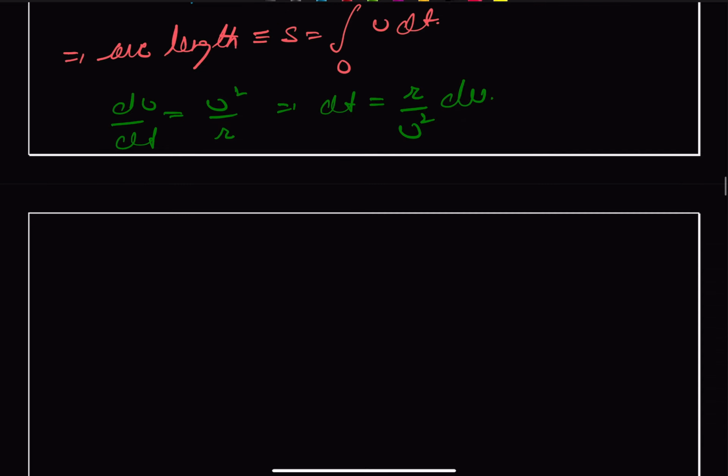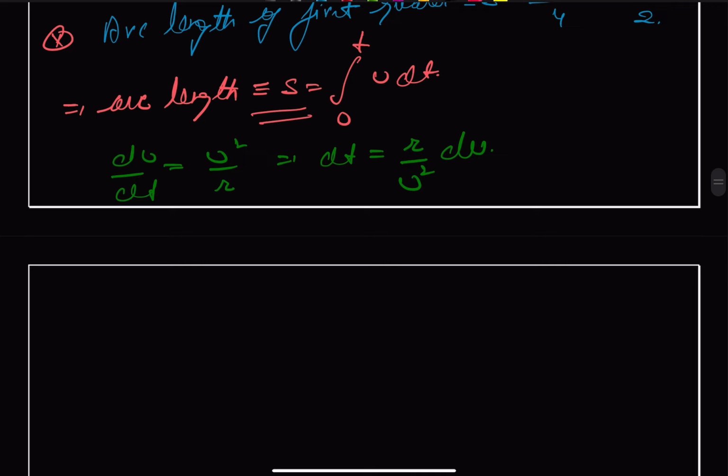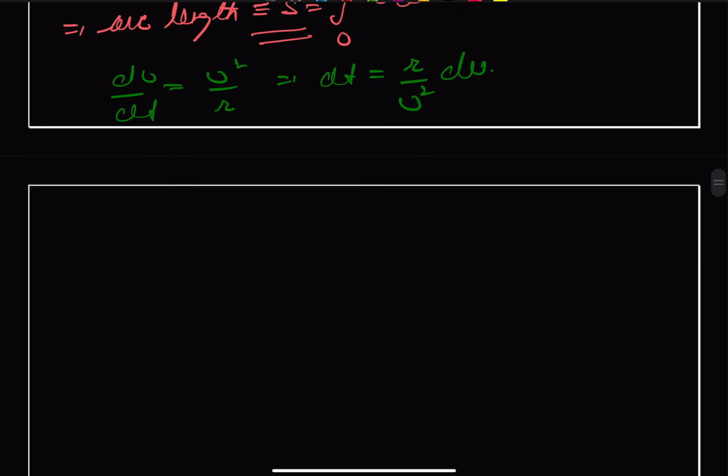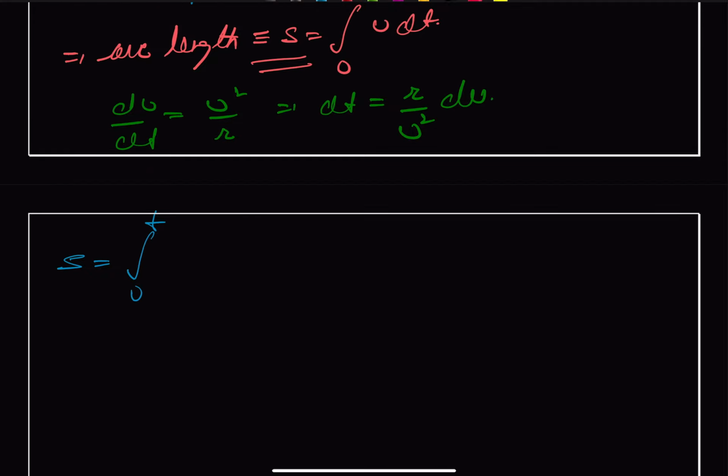So let us substitute this in the integral form. So we get that s is equal to the integral from 0 to t of v, substituting the value of dt as r upon v square times dv. The v square goes by the velocity.